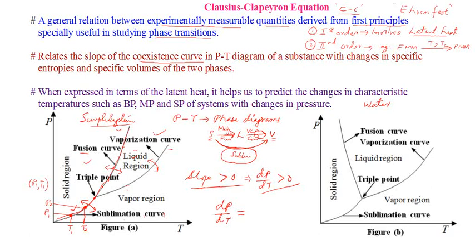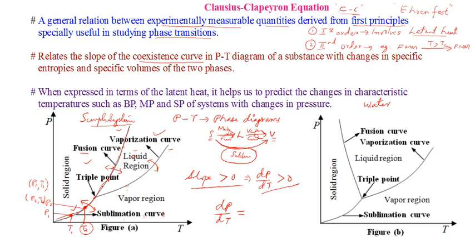Again the solid and vapor can coexist, but at another temperature T2. When the pressure is changed, there will be a change in the temperature. So at P2 and T2 also, there will be a coexistence of the same substance.